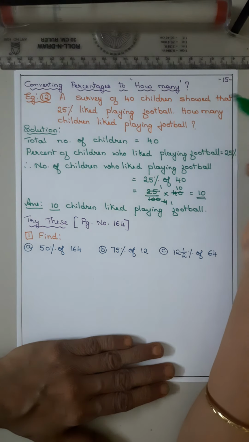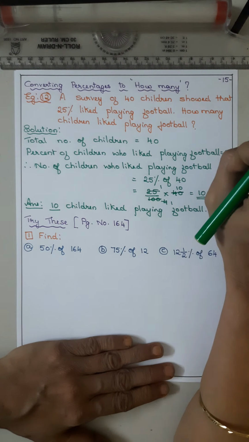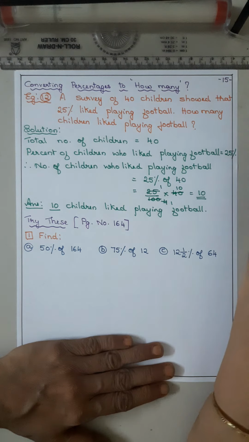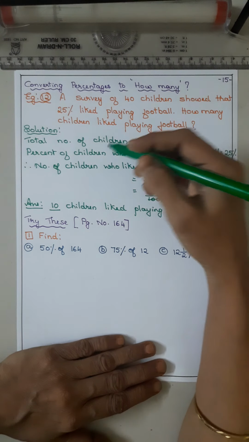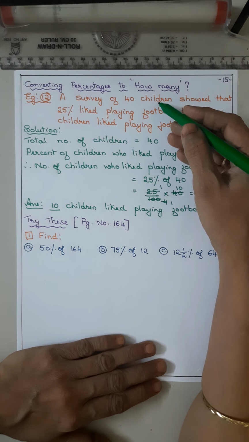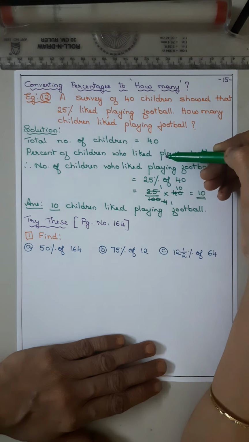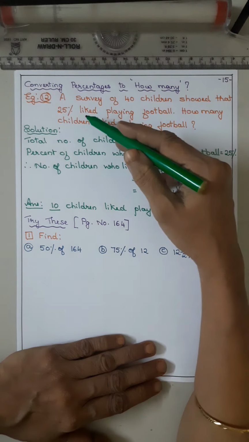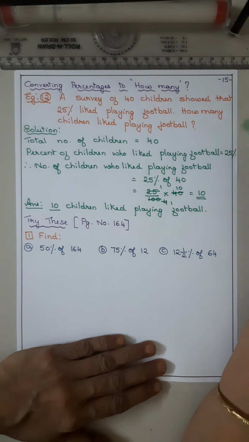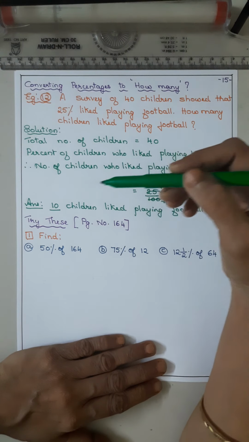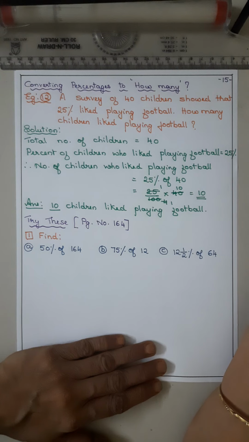How many children liked playing football? So now you have to find the number. Percentage is given, you have to find the number. So total number of children, how many? 40. Out of that, how many percent? Percent of children who like playing football is how much? 25%. So find out the number of children who like playing football.